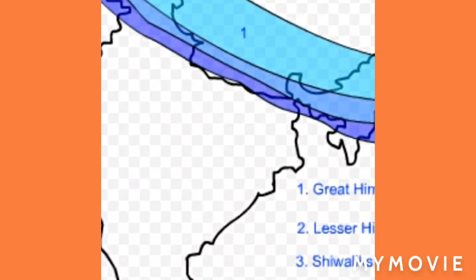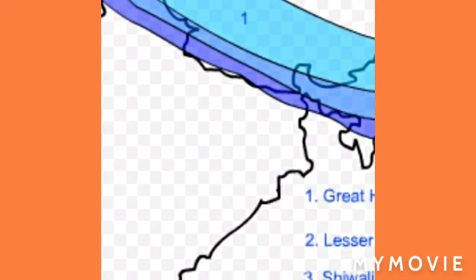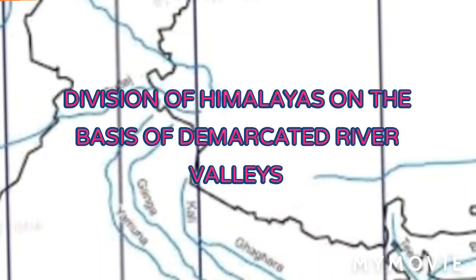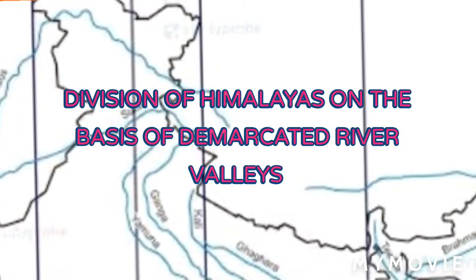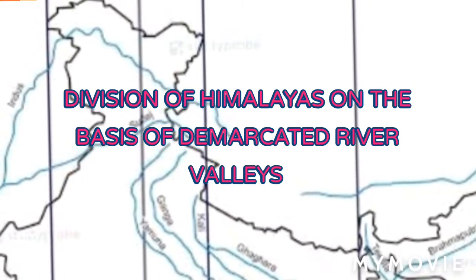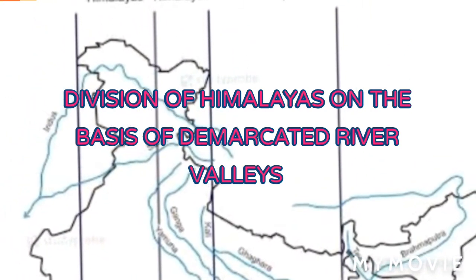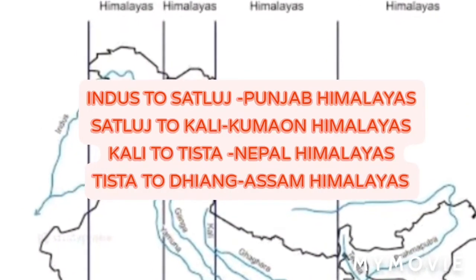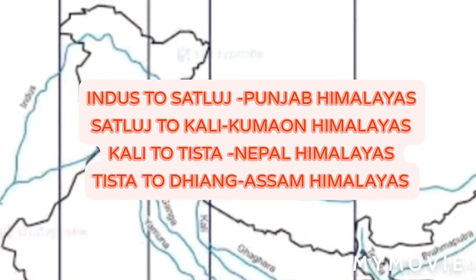Children, besides the longitudinal divisions, the Himalayas have been divided on the basis of regions from west to east. These divisions have been demarcated by the river valleys. For example, the part of Himalayas lying between Indus and Satluj has been traditionally known as Punjab Himalayas, but it is also known regionally as Kashmir and Himachal Himalayas from west to east respectively.